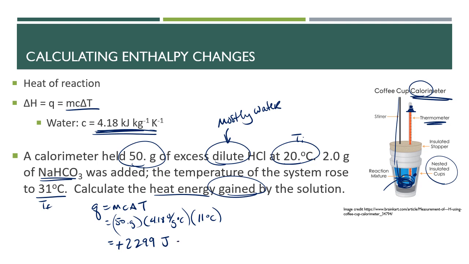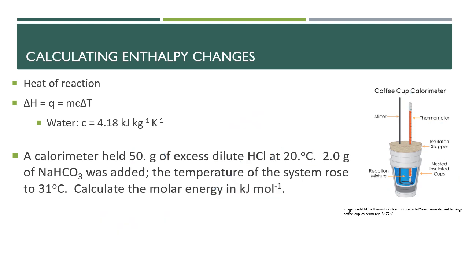If I wanted to, I could convert that to kilojoules, divide by 1,000, 2.299 kilojoules of energy is gained by the solution, released by the reaction. What if I took that same question, we just decided it was 2.299 kilojoules gained by the solution, released by the reaction.